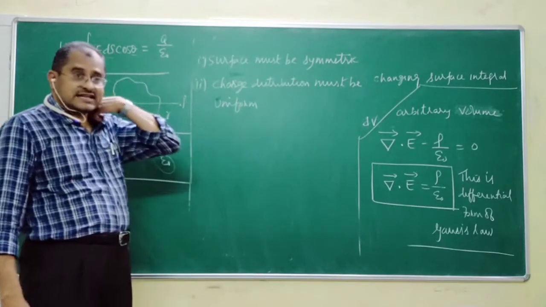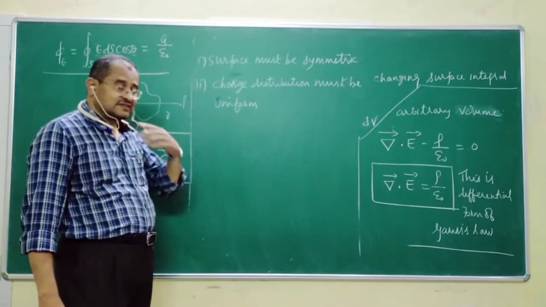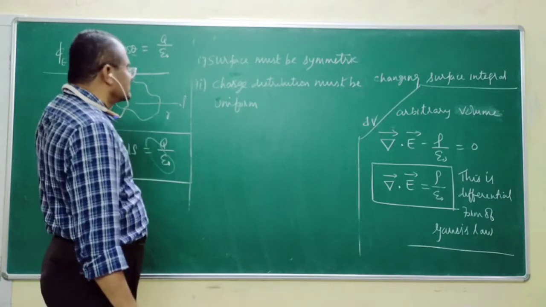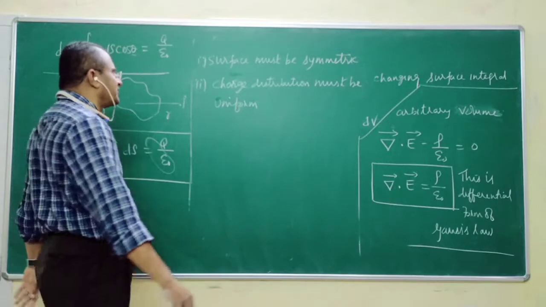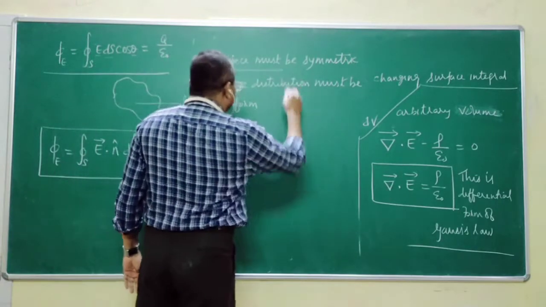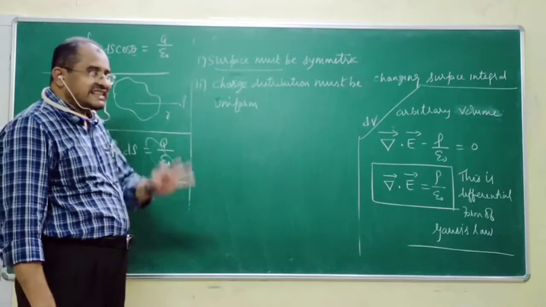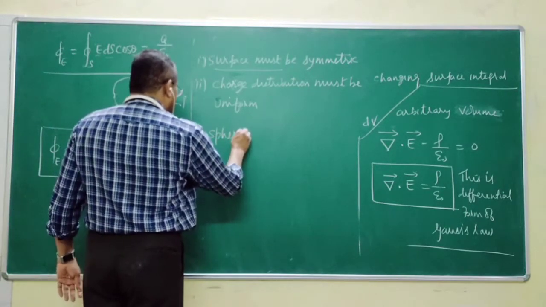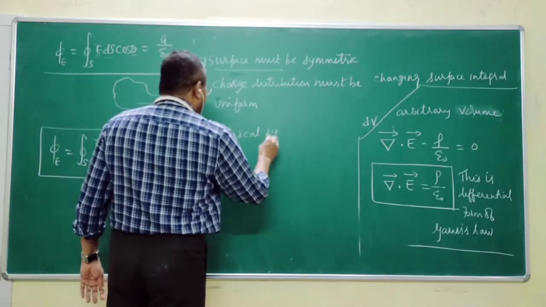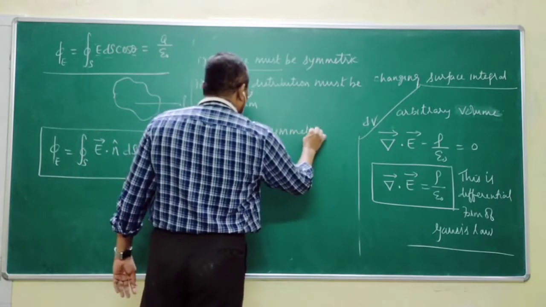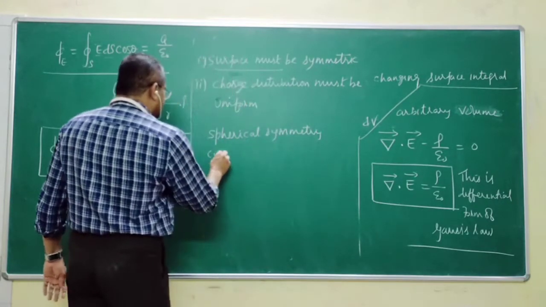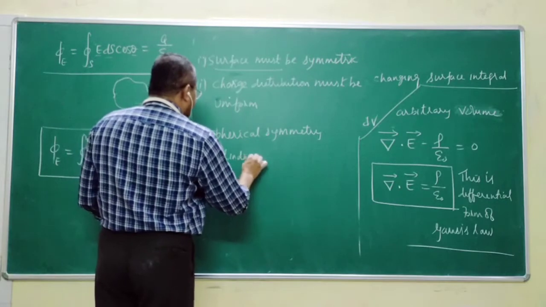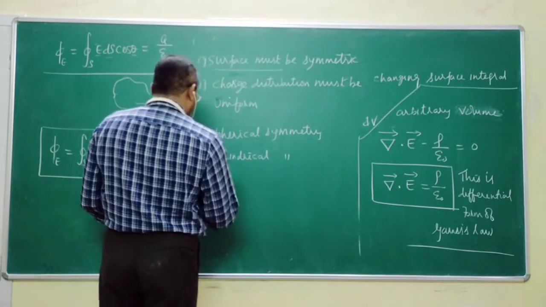If these two conditions are fulfilled, solving this integral becomes easy, because if the surface is symmetric, three symmetries are allowed: spherical symmetry, cylindrical symmetry, plane symmetry.